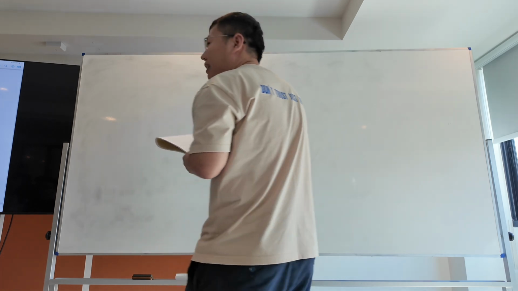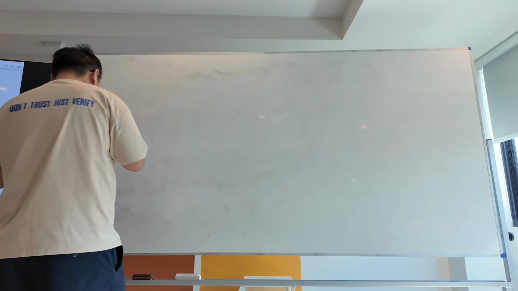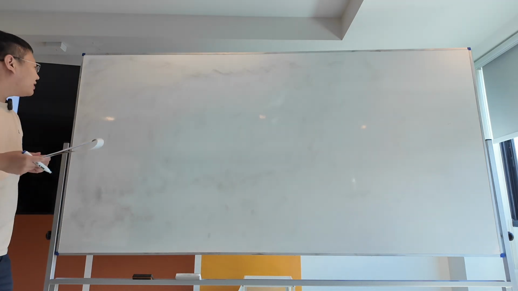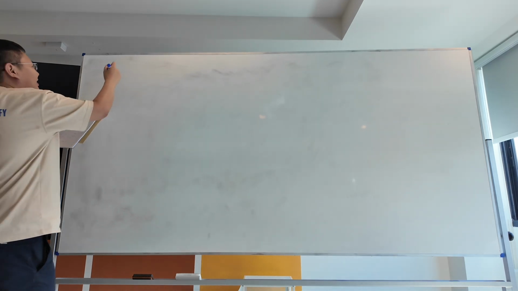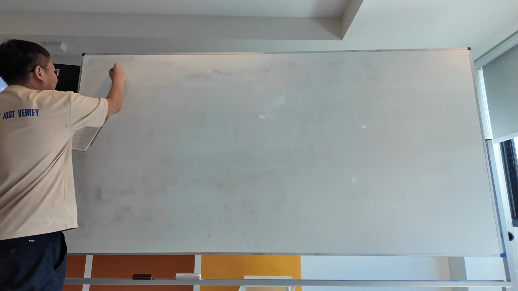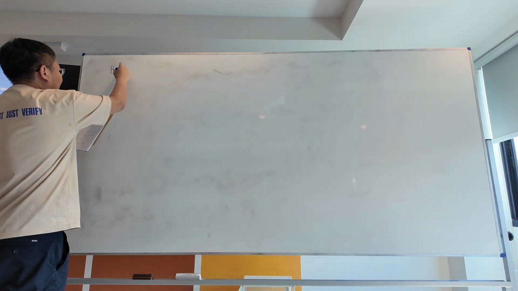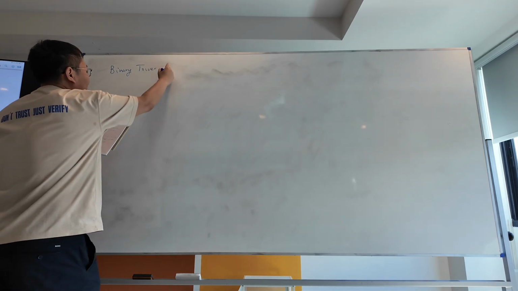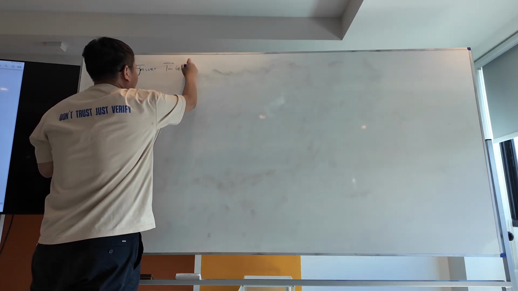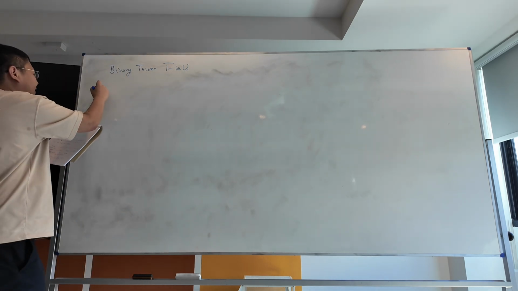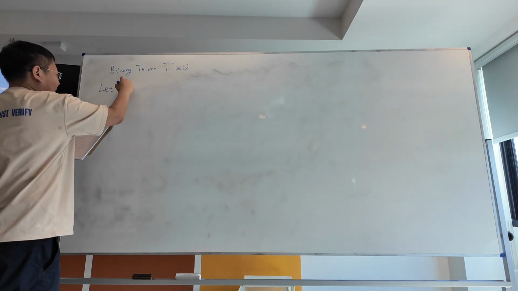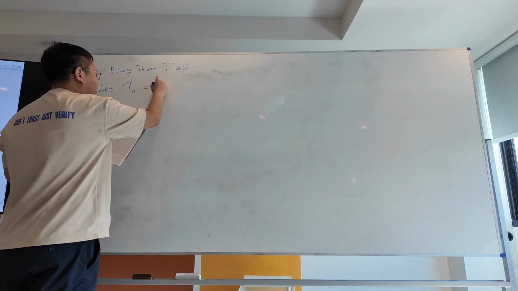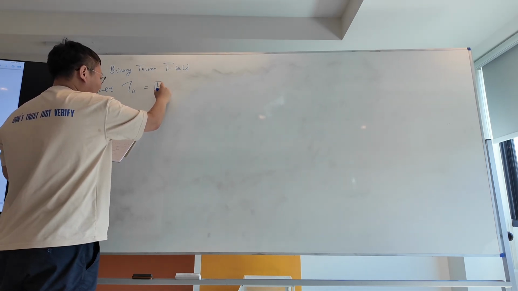Okay, let's start with the binary tower field. I guess everybody attended the finite field workshop, so I don't need to start with finite fields. Let tau, this is a capital Greek letter tau, tau 0 equal F2.